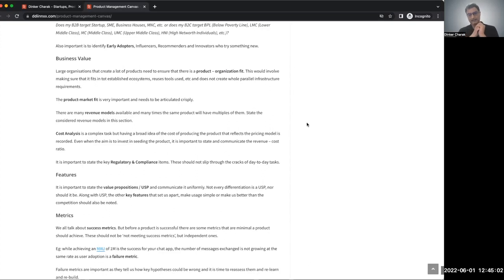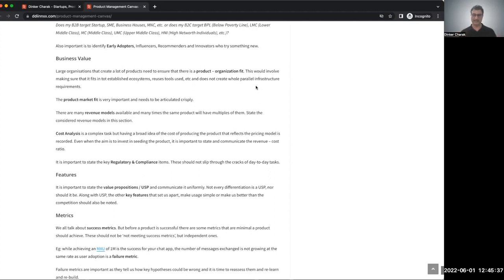On the other hand, this product organization fit is also a very interesting aspect that especially comes into the picture when we are in an enterprise setting. We may think of a product that solves a very good problem, and addresses it for a segment which we can access, but it may not be a focus of the organization which we are part of.